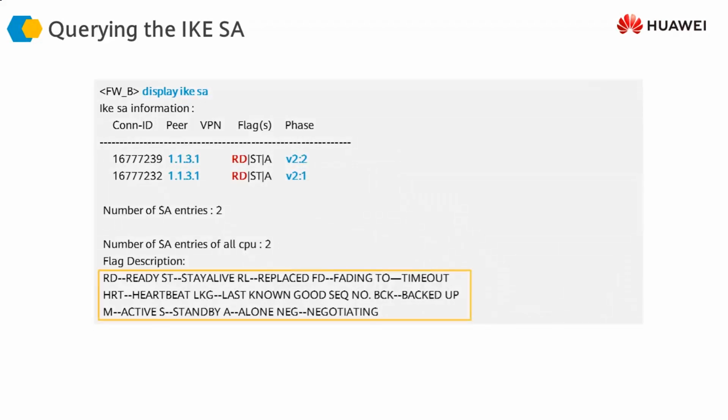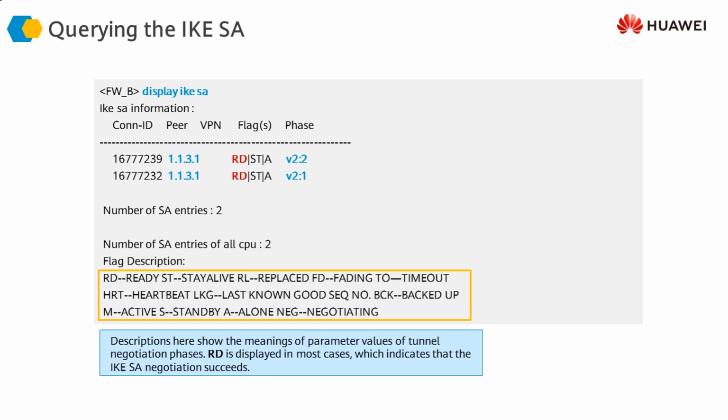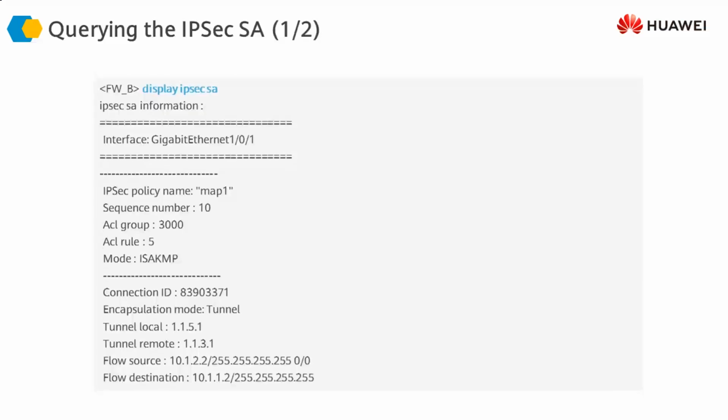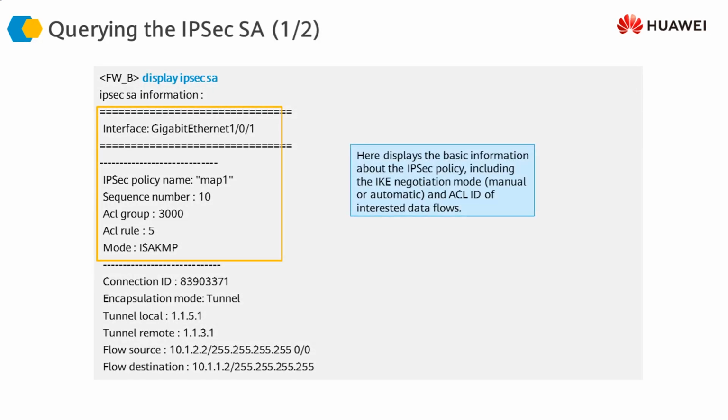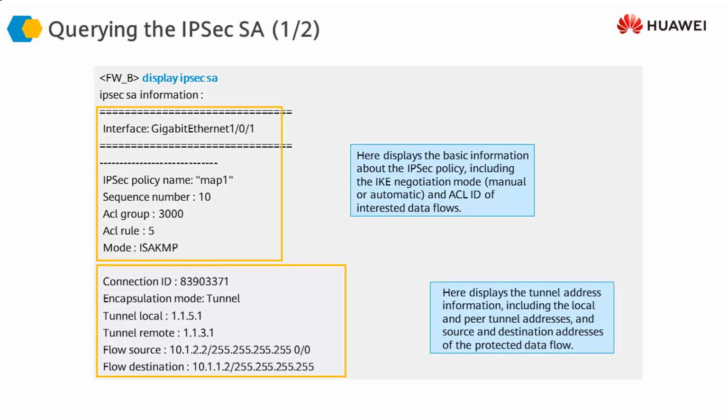If you want to see whether those security associations have been developed, you can do display IKE security association, or display IPsec security association, or display IPsec SA, and you can see that the security associations have been developed between the two peers. If this is also done, this means that your IPsec is working. You can exchange traffic between the two sides, and the traffic being exchanged is being done securely.